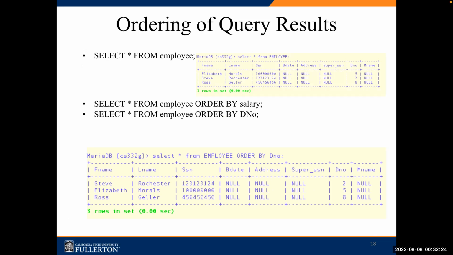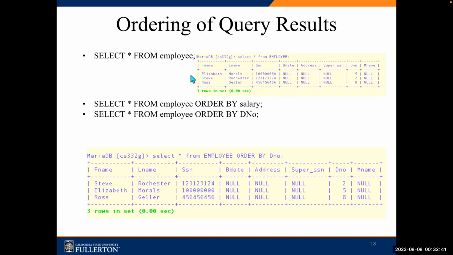Now, the order in which you see the result appearing in a table: if there are 3 entries in an employee table, when you do a select all from employee, you see the names appear in a particular order.